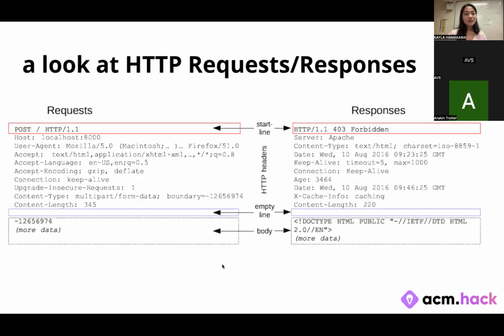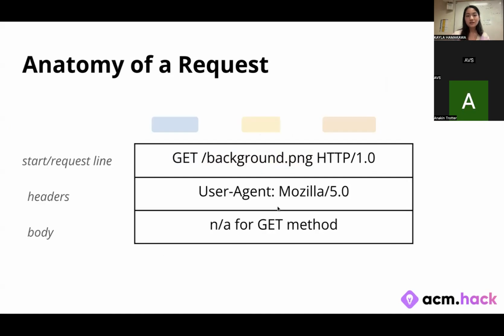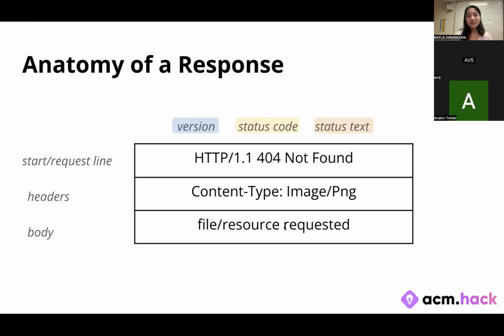An example of this here is user agent, which says you're using a Mac and you're using Firefox for your browser. And lastly, we have the body. There's typically nothing in the body for a GET method because the body is the information you're sending in, and if you're getting something, you're not really sending anything in.